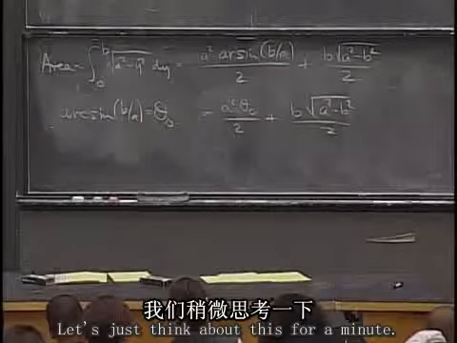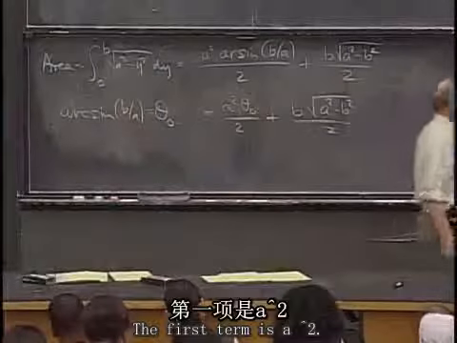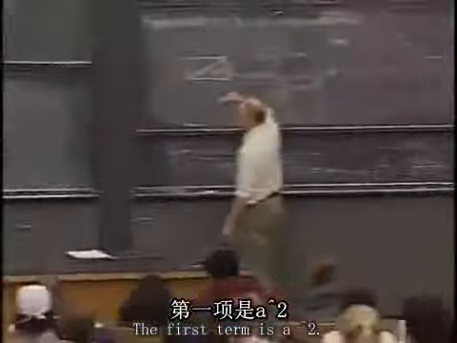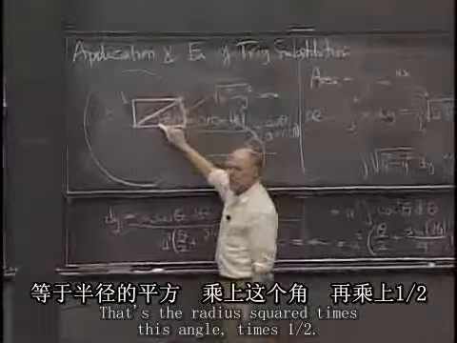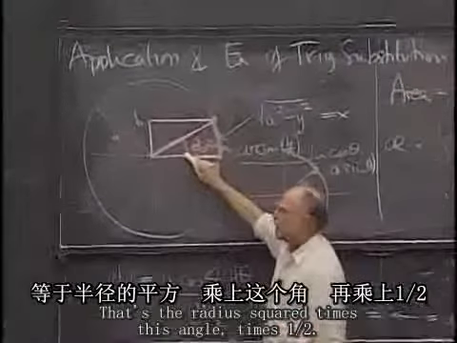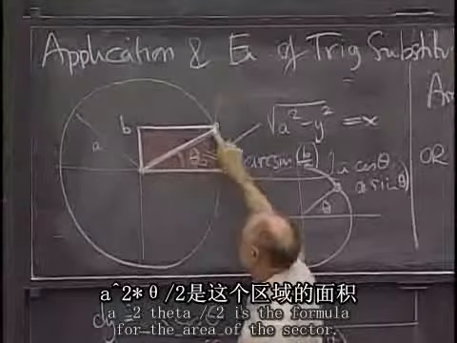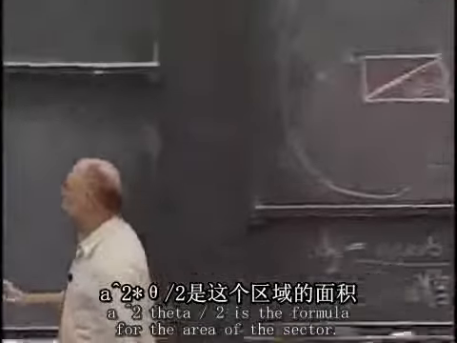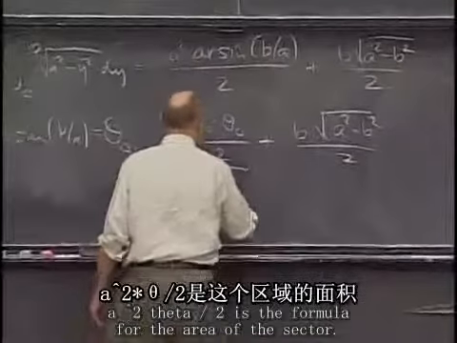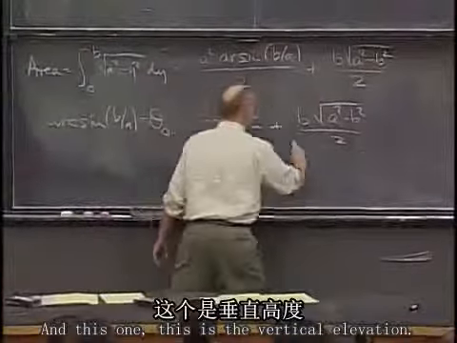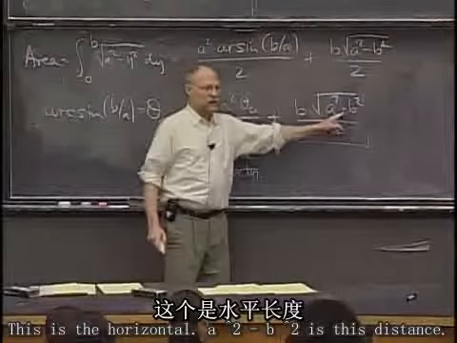Let's just think about this for a minute. I have these two terms in the sum. Is that reasonable? The first term is a squared, that's the radius squared, times this angle times a half. Well, I think that is exactly the area of this sector. A squared theta over 2 is the formula for the area of the sector. And this one, this is the vertical elevation. This is the horizontal.